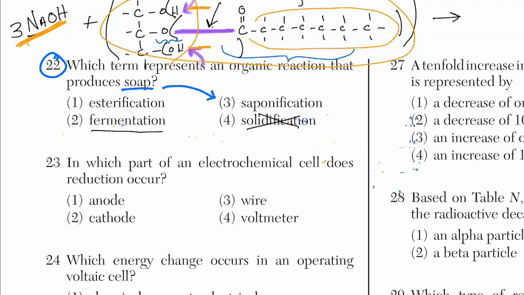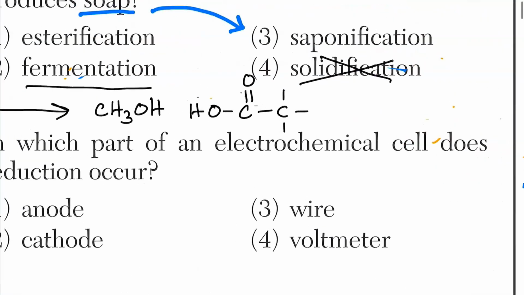So again, let's go over esterification. Esterification is, let's say, this organic acid, this would be vinegar or ethanoic acid, and let's make ethanol, CH3OH here. What's going to happen is the water is going to come off.